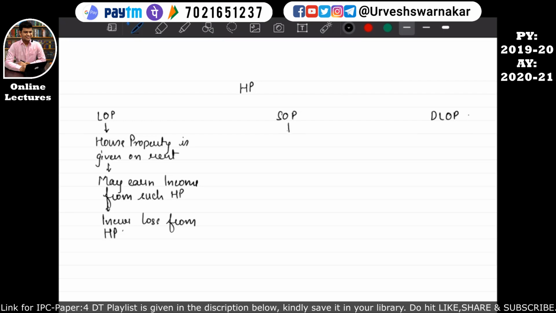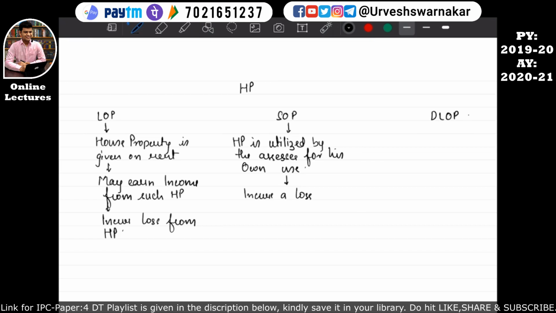Then SOP means the house property is utilized by the assessee for his own use. I hope this is quite clear. There is a possibility over here that if the assessee is having a self-occupied property, then a self-occupied property will incur a loss, okay, will incur a loss.